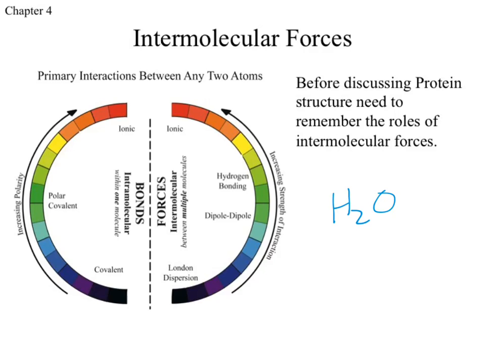So water is going to give us what intermolecular force? Hydrogen bonding. So we're probably going to look at a lot of hydrogen bonding amino acids on the outside of the protein so that they can interact with water. And on the inside, we would expect hydrophobic. Okay, so they're repelling away from the water.